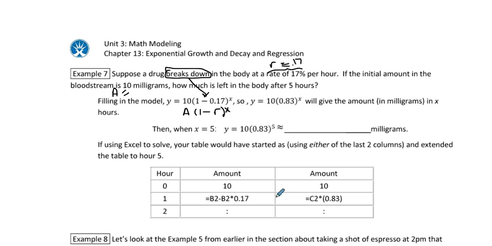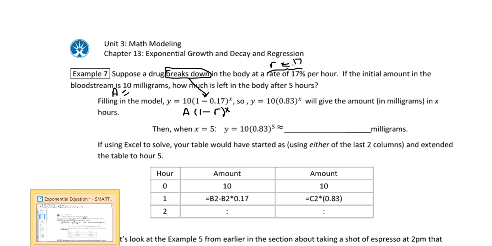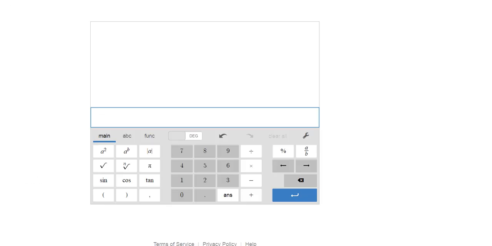And so in this case, I opened up an online calculator here. So we were entering in an A that was 10, and then we were multiplying that times our B, which was 0.83, raised to the, so where's my caret here? I've never used this one.